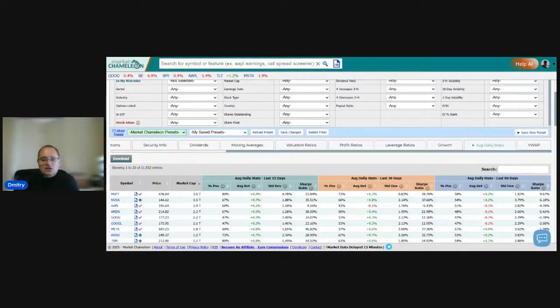So on a daily basis here, what we see is, for example, Microsoft, in the last 15 days, 80% of those 15 days were positive, up days. 20% were down.